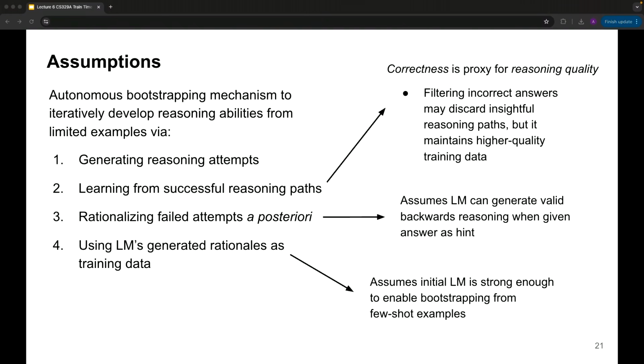It is within range, or some subset of the problems are within range, of the language model. So that is an assumption that is made. And when you do it iteratively, the model might get better to the point that it can start handling these other problems.